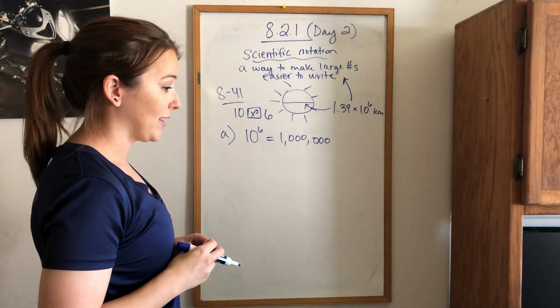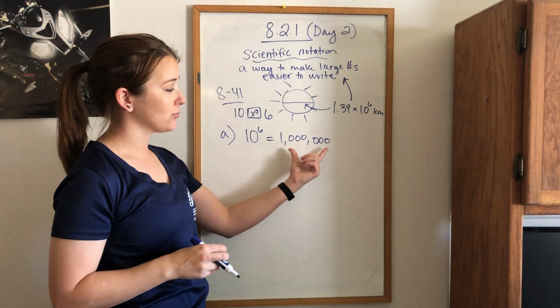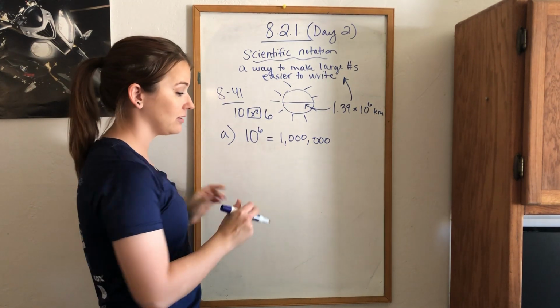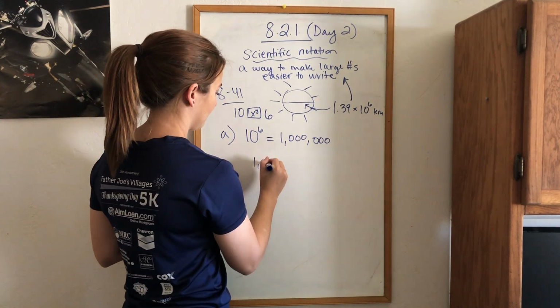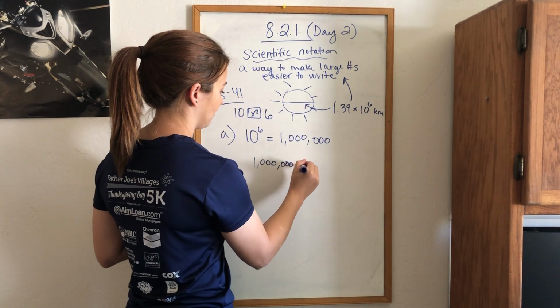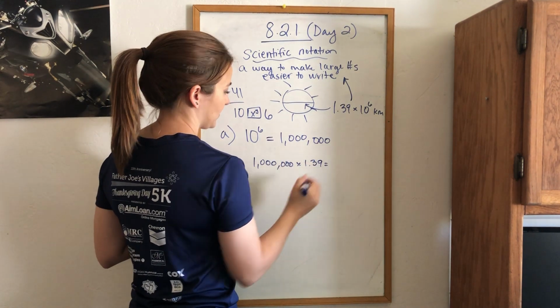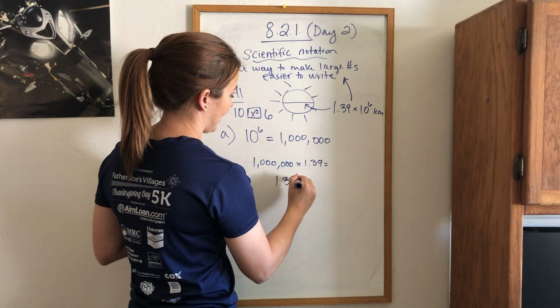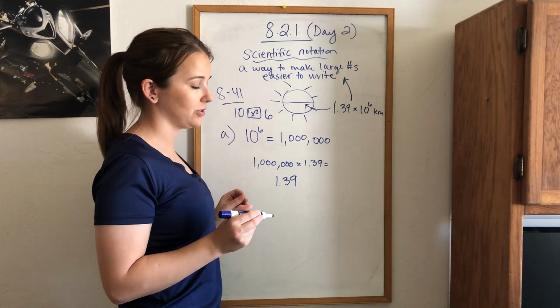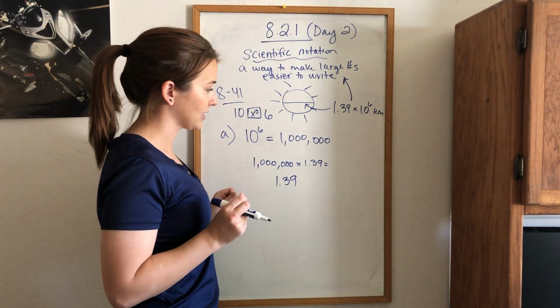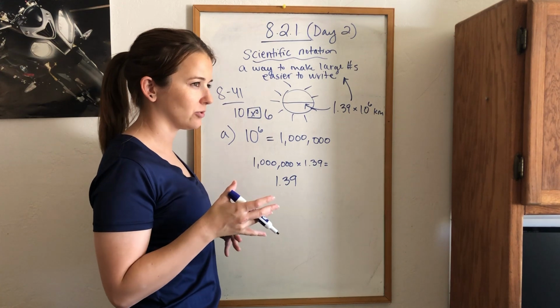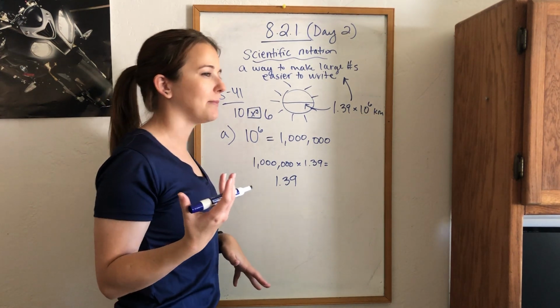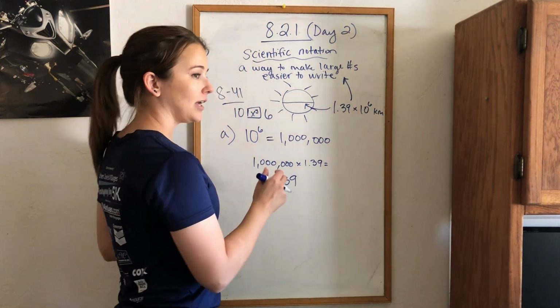So now it's asking what happens when you multiply 1.39 by a million. Well, I know the decimal shortcut or rule when you're multiplying by powers of 10.